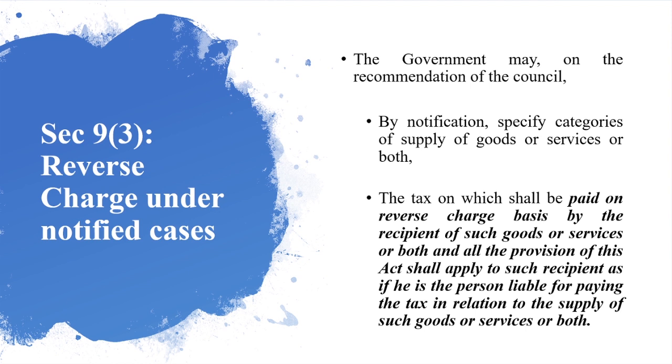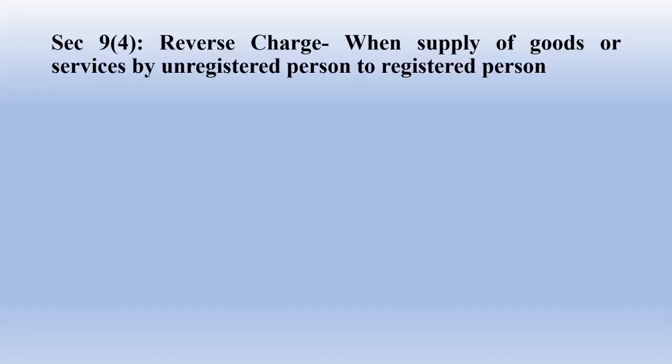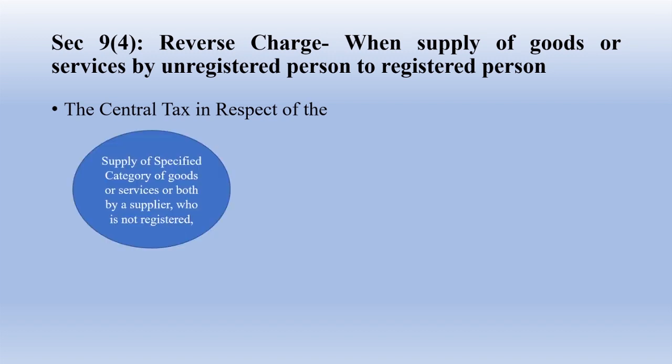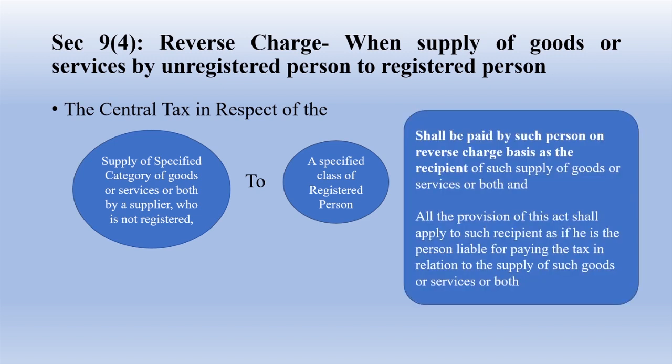Then let's see section 9 subsection 4 of the CGST Act 2017, which is saying that the central tax in respect of the supply of specified category of goods or services or both by a supplier who is not registered to a specified class of registered person shall be paid by such person on reverse charge basis as the recipient of such supply of goods or services or both, and all the provisions of this Act shall apply to such recipient as if he is the person liable for paying the tax in relation to such supply of goods or services or both.